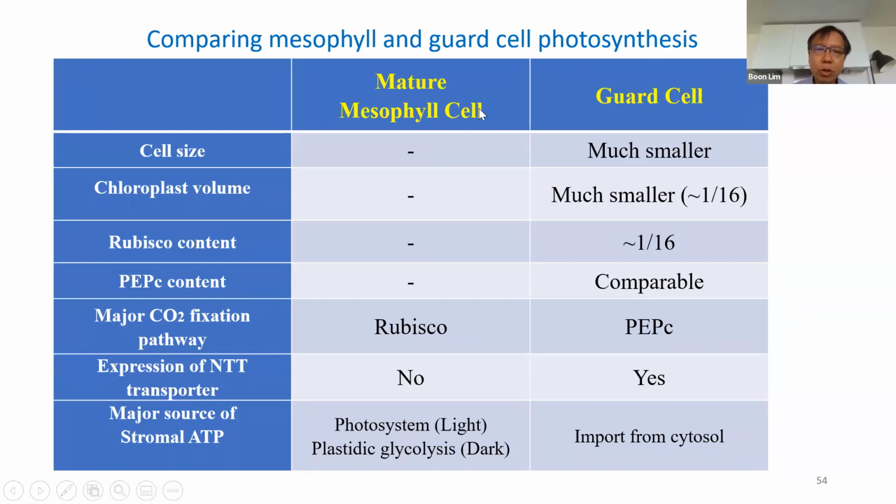Mature mesophyll cells do not express the NTT transporter, whereas guard cells express the NTT transporter. The major source of stromal ATP in guard cells is importation from the cytosol, whereas for mesophyll, during the light it is the photosystem, and during the dark it is the parasitic glycolysis.